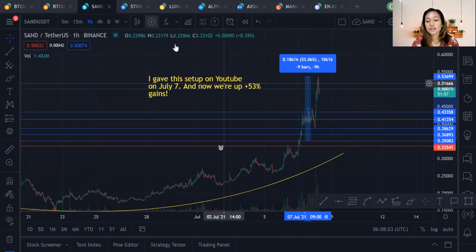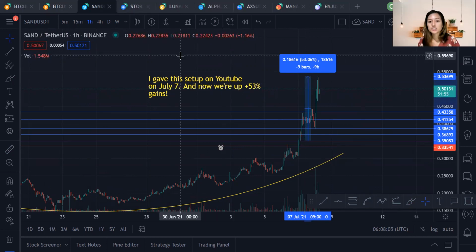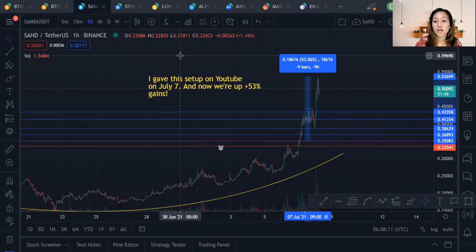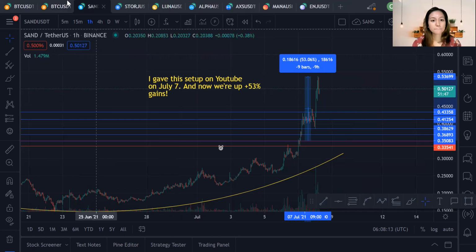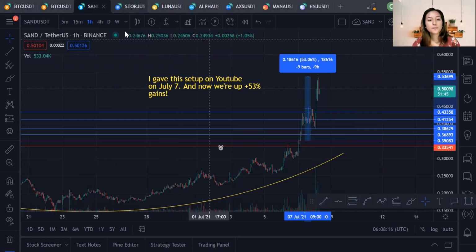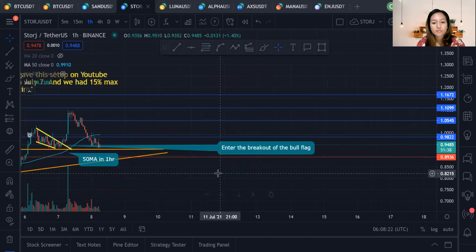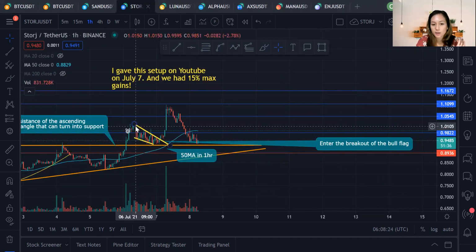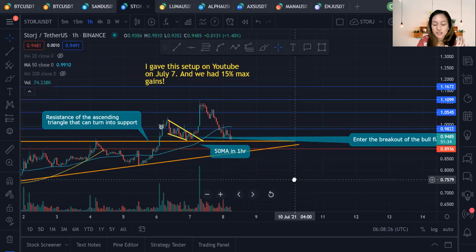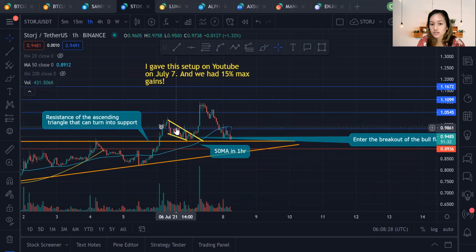Another setup that I gave you is STORJ, which I gave in my first video, and yesterday too. Let's check what happened. I gave you this setup, a bullish pennant or falling wedge formation.